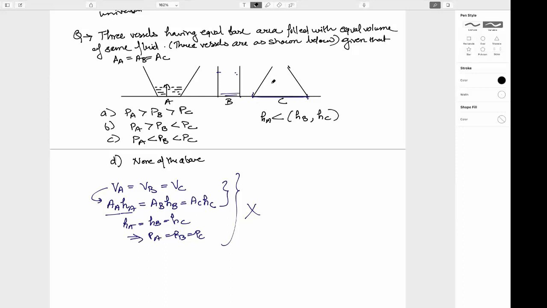Now compare B and C. In case of C, as we move along in this direction, you see the area covered by this is decreasing, which means H should be higher in order to have the same volume in the vessel. So HC should be greater than HB.